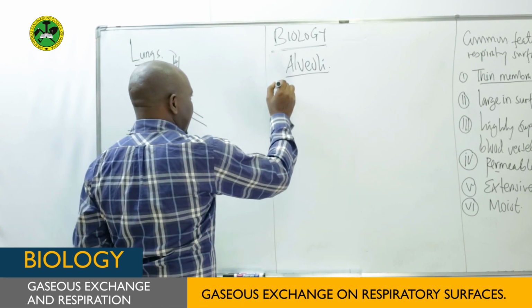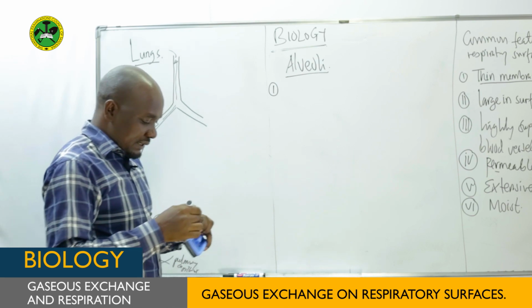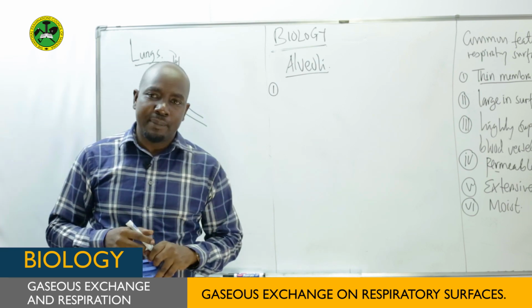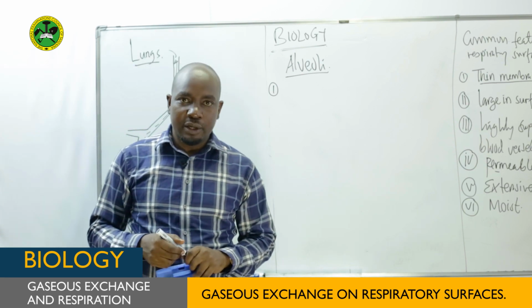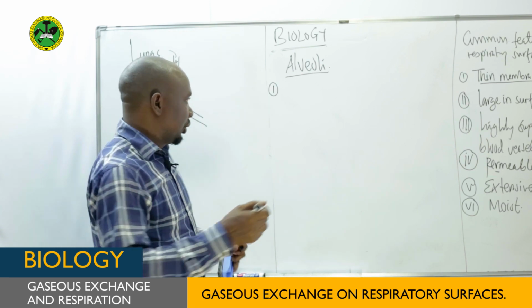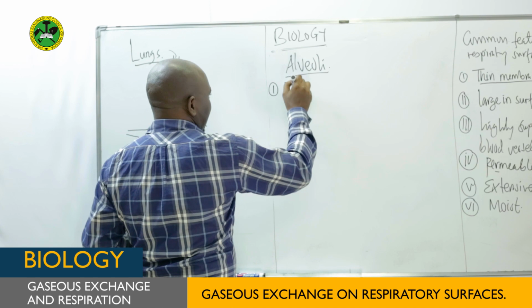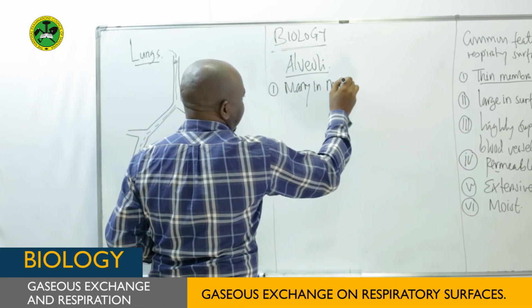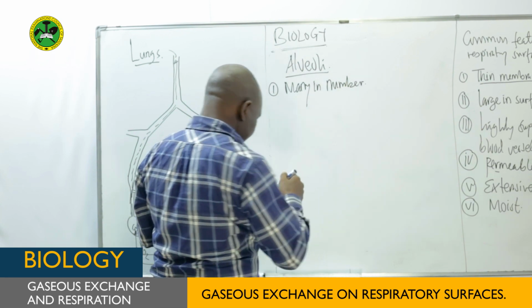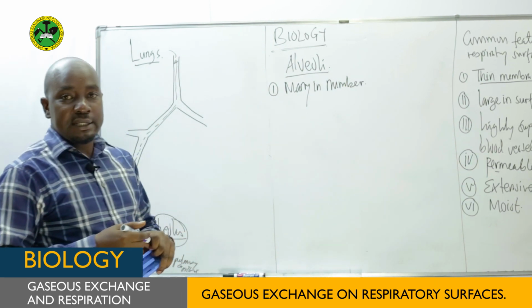First, alveoli are very many in number. They are about 700 million per lung. Very numerous.